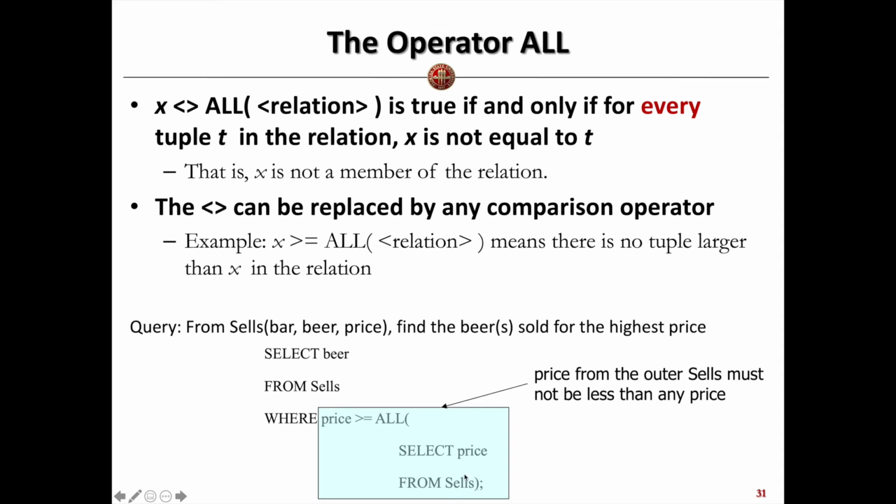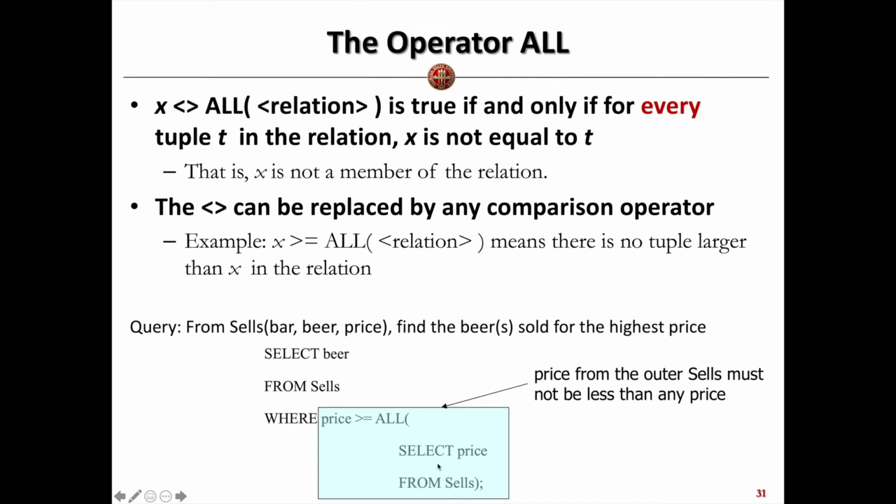So we denote the highest price of all the beers in this sales table with ALL and parentheses. This is a subquery: in the parentheses, we have select price from sales. This subquery returns all the prices in the sales table. And then we can do a further comparison: where price is not smaller than ALL of the subquery.